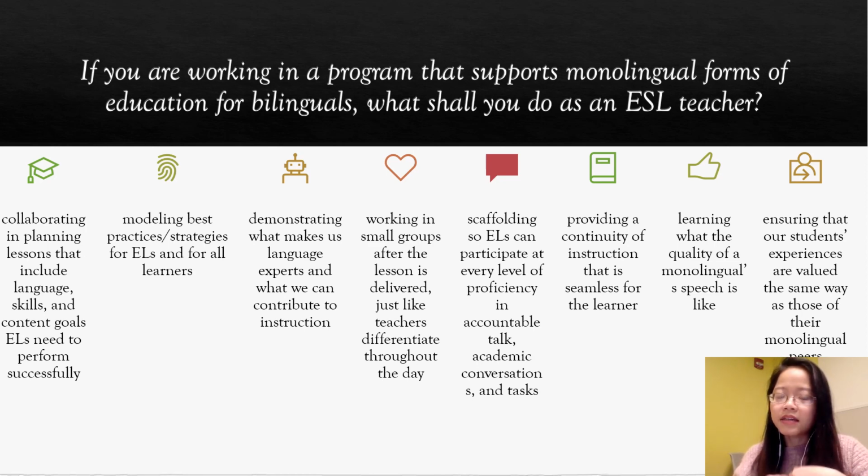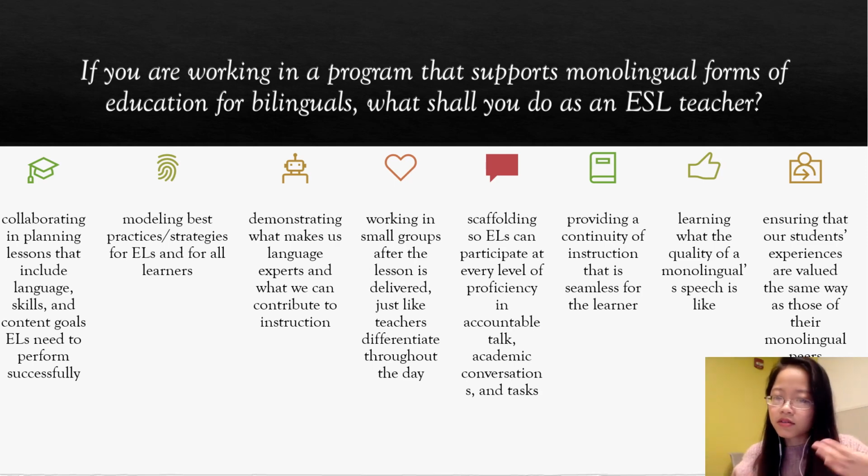And another thing is you can let the students work in small groups after the lesson is delivered. So if time allows, pay attention to the current linguistic proficiency of the students, so you can scaffold them with either conversation or a supplementary task. So for example, if it's a very difficult task for a language learner, you will give some supplementary handout, so after they solve the handout, they can understand it and apply it at a higher level of thinking.